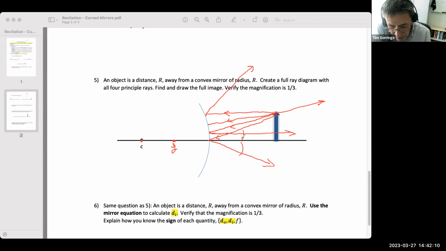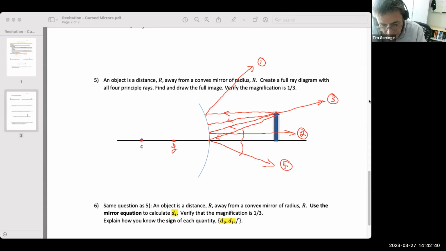These are my four rays that I've drawn. Maybe I'll label them. The ray that went in parallel to the optical axis was ray number 1. The ray that came out parallel, in the notation on this worksheet, is ray number 2. The ray that heads towards the radius of curvature and heads out back away from it is ray number 3. And finally, this was ray number 4.